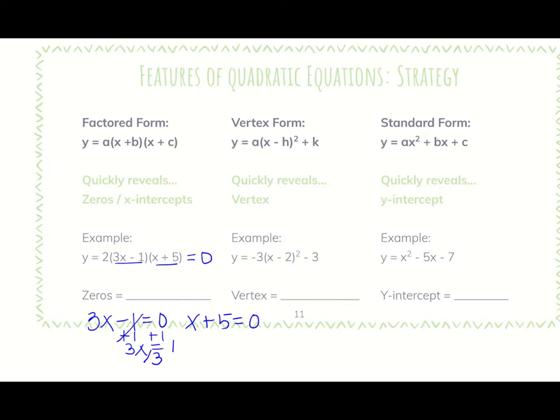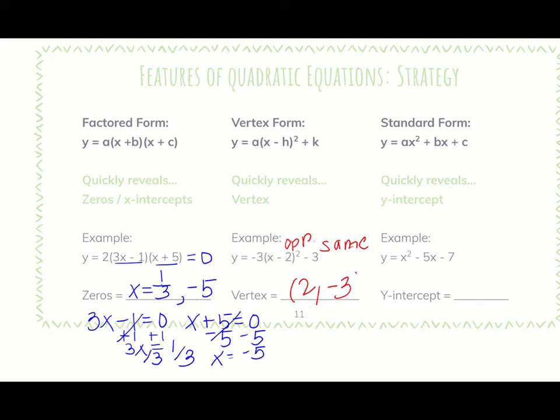Now vertex form, given the name, quickly reveals the vertex. And that comes from what's in parentheses and outside parentheses. And we want to think opposite, same. So our vertex here would be opposite, same. The opposite of -2 is +2, and the same as -3 is -3.